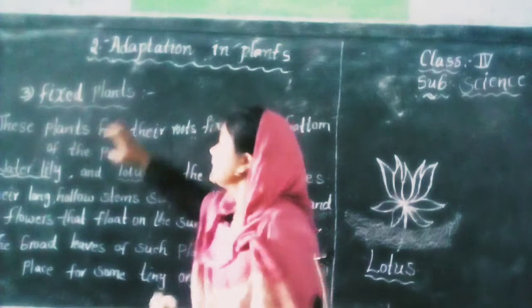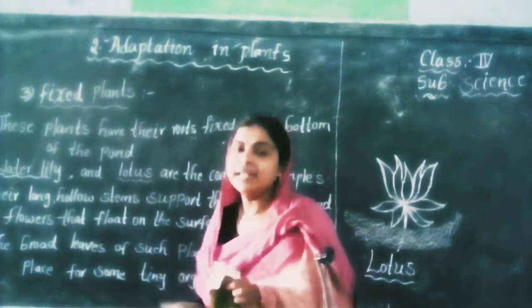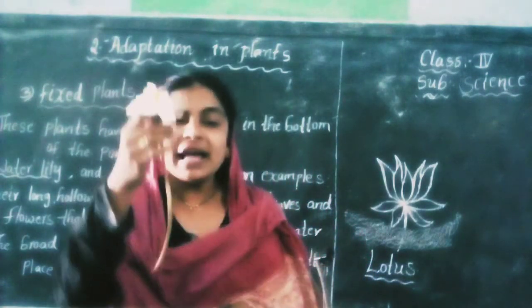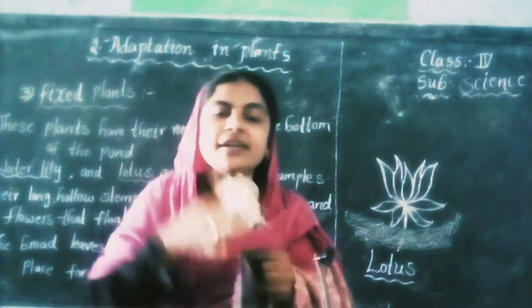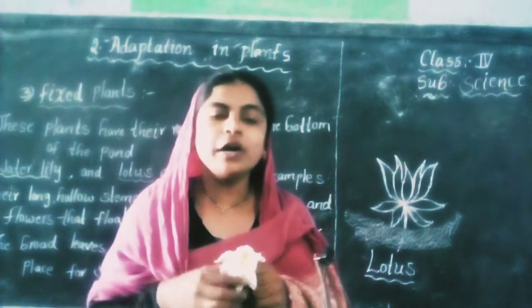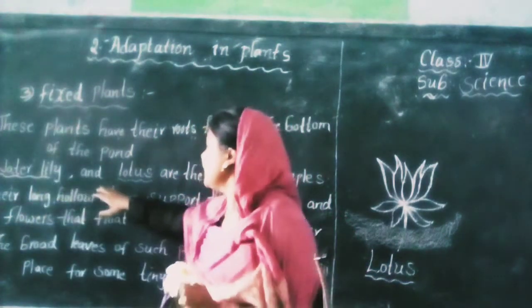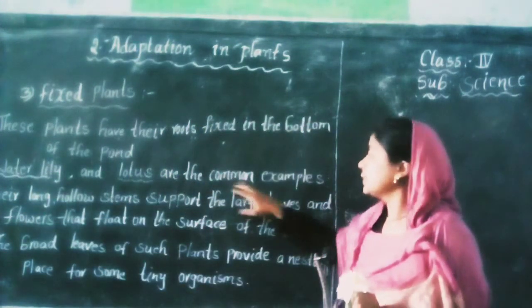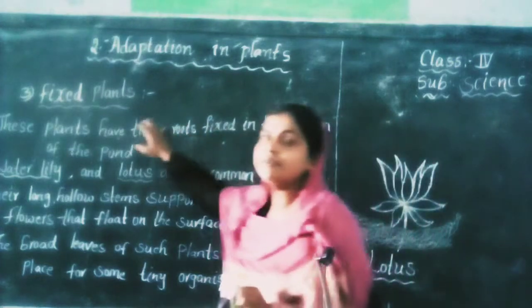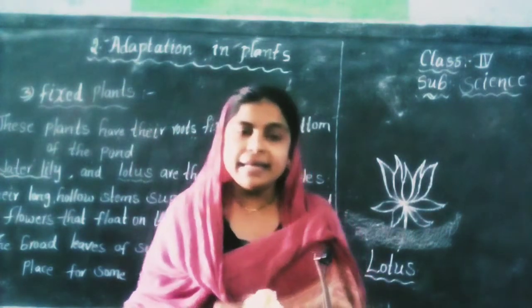See children, third one, fixed plants. These plants have their roots fixed in the bottom of the pond. Water lily and lotus are the common examples of fixed plants.